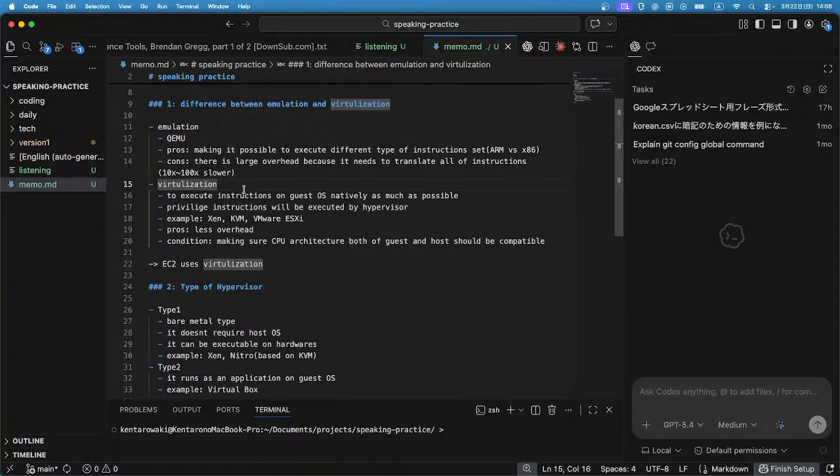What is the difference between emulation and virtualization? Emulation, what is emulation? Emulation is to emulate hardware by software. The famous software for emulation is QEMU.